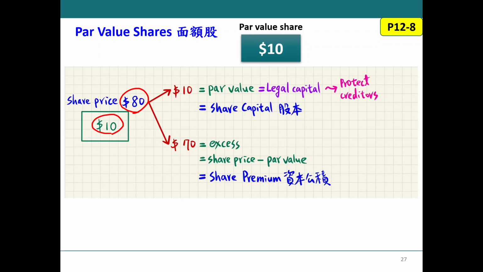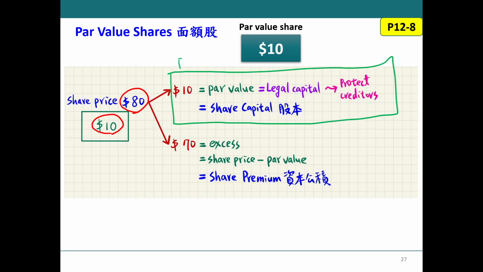Part 1, $10 for your par value. We use it to determine legal capital. Which account do we use? Share capital. The remaining part 2, we use another account, share premium, 资本公积, to tell you this amount is above your par value. Okay? So when you look at these two accounts, you should understand what they mean. This means part 1, and this means your part 2.